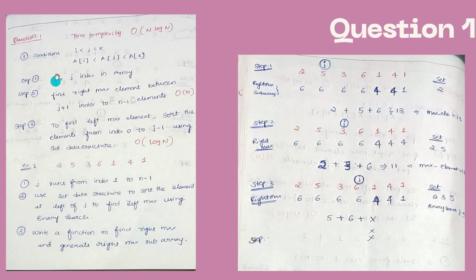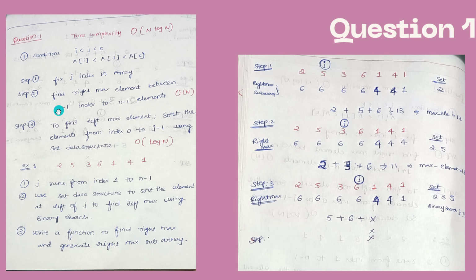I have already informed you that the time complexity should be order of n log n. What you have to do: fix the index j in the array. You should not move index j. The j index should be fixed. Then find the right max element between indexes j plus 1 to n minus 1.